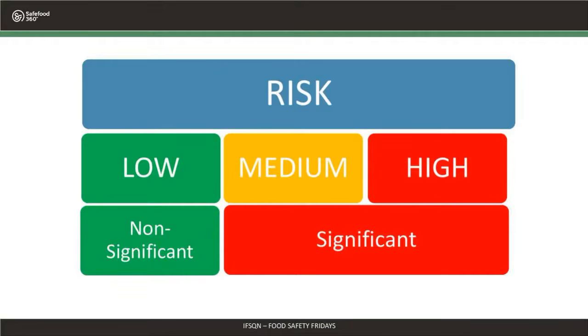When it comes to defining if a hazard is significant, risk is usually used. So for example, you can say that any risk deemed to be high and medium are significant, like we can see here on the screen, while low risk hazards are deemed to be non-significant. So if something's non-significant, maybe we're not going to deploy so much resources.